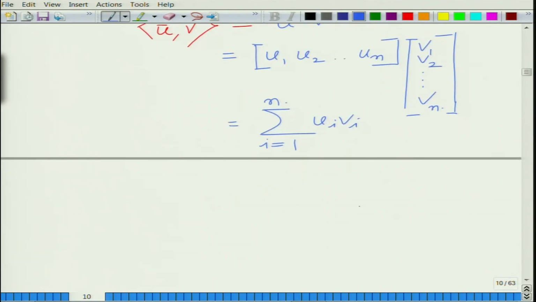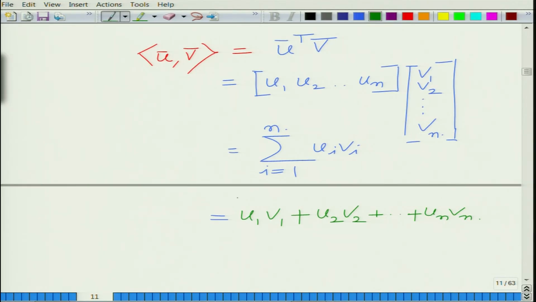In expanded form this is u1 v1 plus u2 v2 plus up to un vn, okay. So, this is the inner product, a very important concept between two vectors.